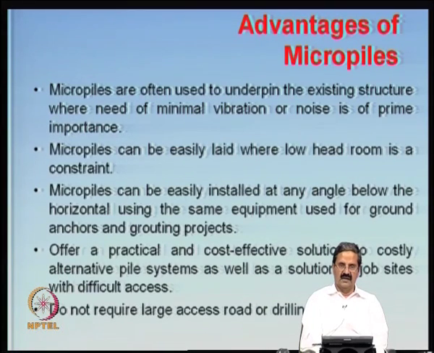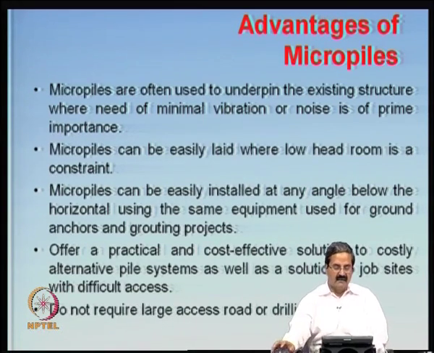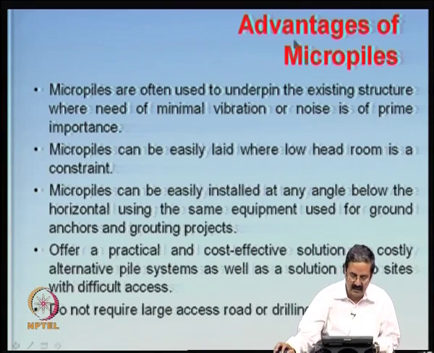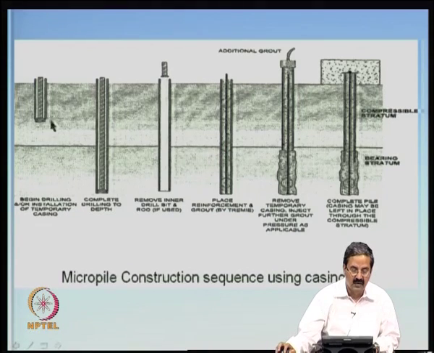They offer a very practical and cost effective solution compared to costly alternative pile systems, as well as a solution for job sites with difficult access. This is another one, and they do not require larger drilling platforms and all that. So, how do you do that?